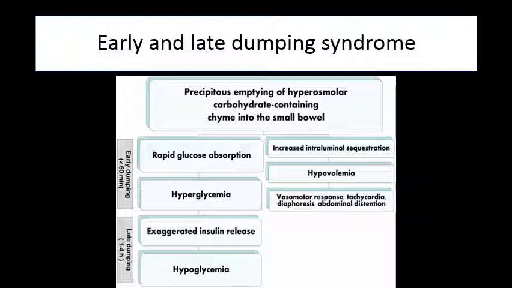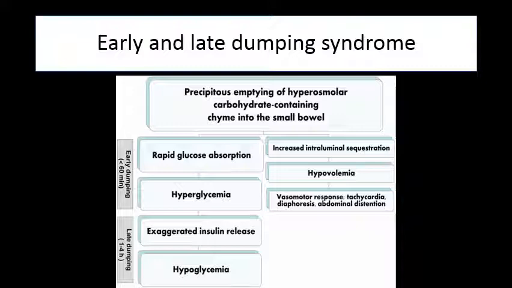So in early dumping, two things take place. It happens in less than 60 minutes. There is increased intraluminal sequestration and hypovolemia, because the high glucose chyme increases the osmolality of the intestine, and it draws all the water, so the person has hypovolemia.